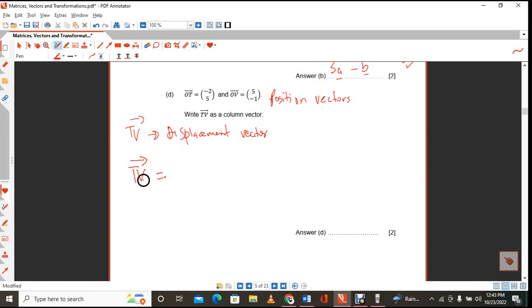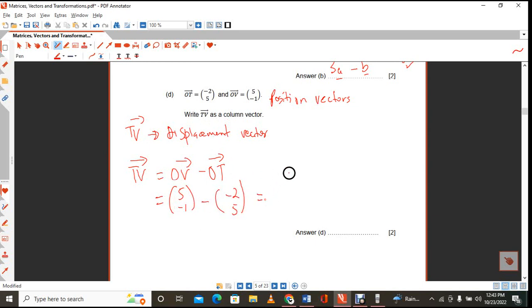Well, you take the second point of the position vector, in this case OV, always minus the first point of the position vector, OT. This is the general formula or way that you calculate it. So in this particular case, OV is given as 5, 5, negative 1, minus OT, which is negative 2, 5.